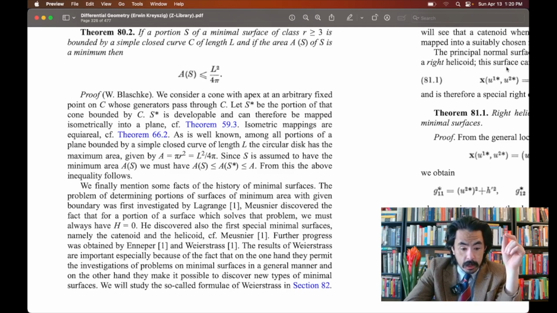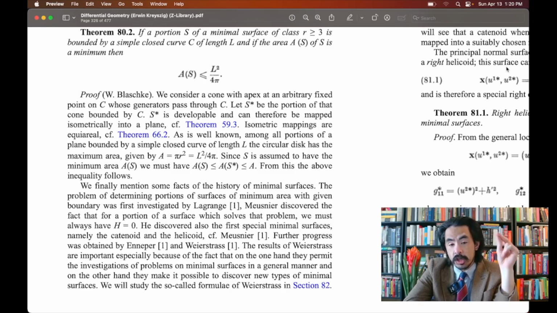But so Meusnier's theorem came out in 1776, but it wasn't published until 1785. And actually, Meusnier was a general in the French Revolution, and he formulated his theorem while he was at the École Royale du Génie, which is the Royal School of Engineering.